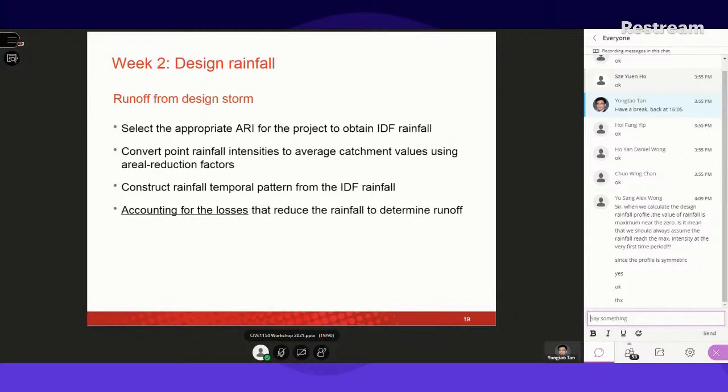We also need to consider the losses of runoff, for example infiltration, evaporation, interception, surface storage, surface detention, and channel detention.